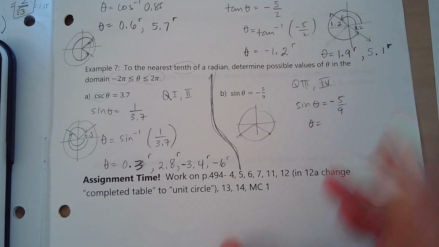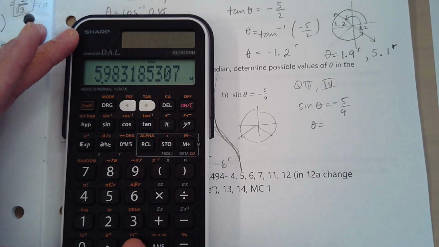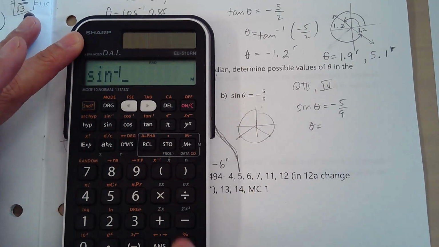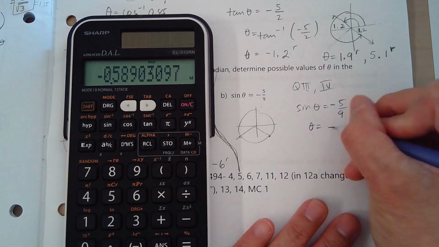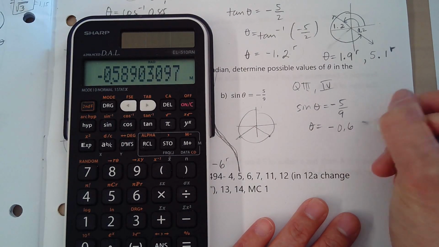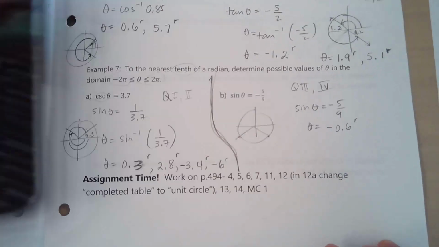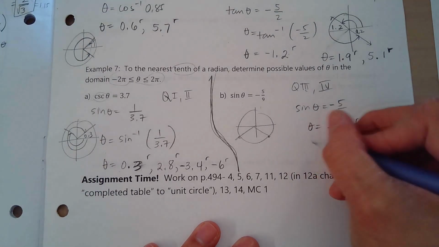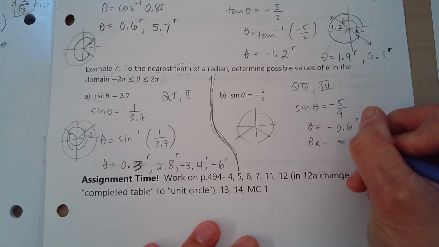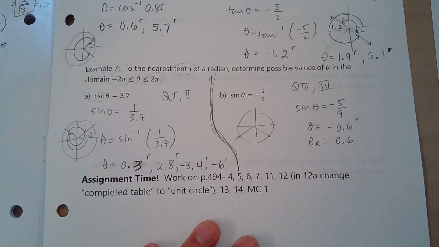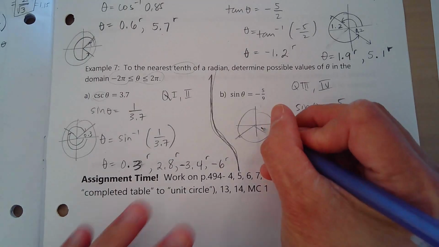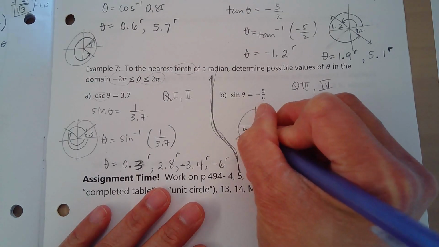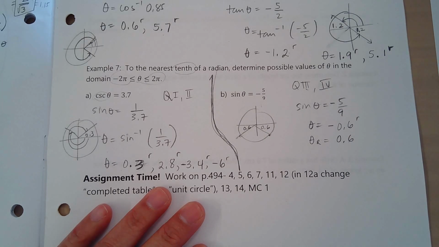So theta is equal to... okay. Our reference angle would be 0.6 radians. So 0.6 here, 0.6 there. So let's talk about the positive angle first.